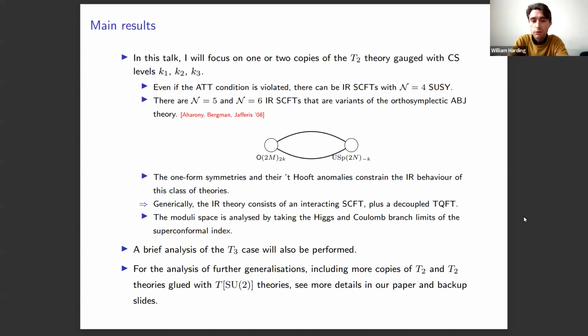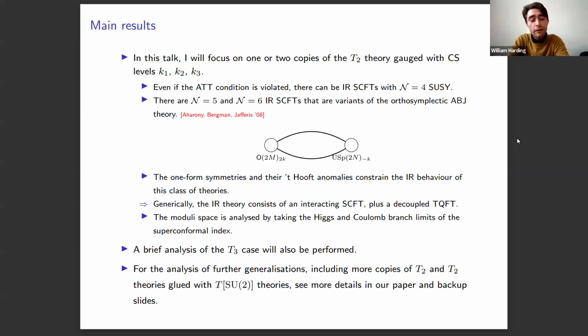Then there are also N equal to 5 and N equal to 6 infrared SCFTs that are variants of the orthosymplectic ABJ theory, and I denoted the quiver diagram here. So we have an O(2M) level 2K gauge group and a USp(2N) level -K gauge group, and they are connected by 2 bifundamental half-hypers.